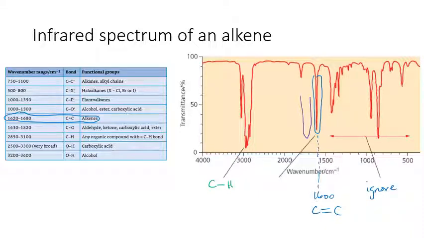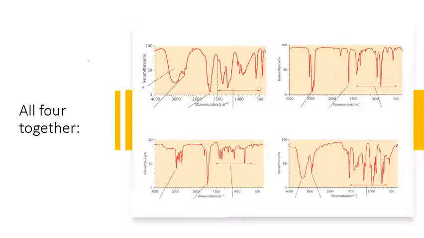Okay, they are the four types of spectrum that you most commonly come across. So let's have a look at them all together so that you can just compare them. Okay, here we have all four of them put together. So let's look at them one by one, starting top left. So this is the acid, this is the carboxylic acid, and how do we know that?